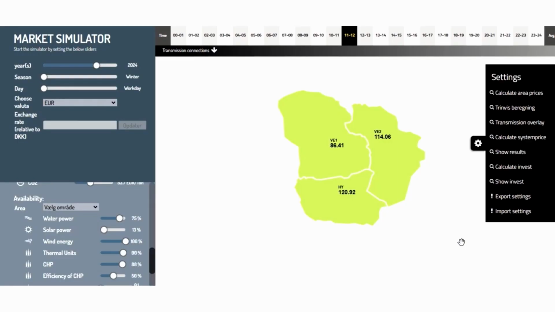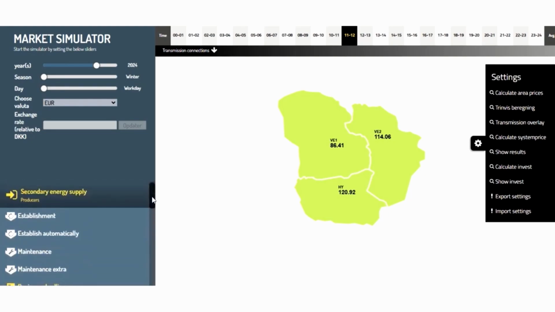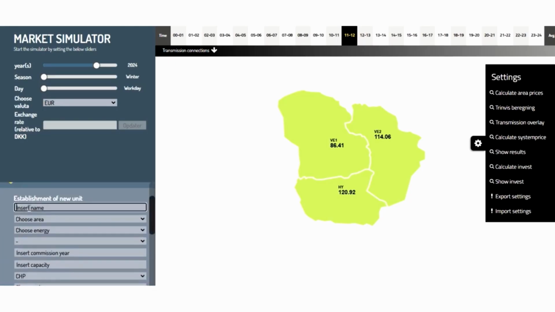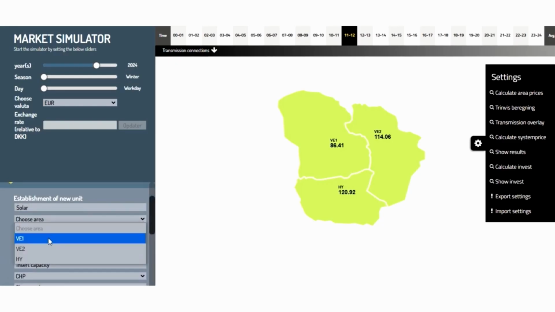Now I'm back in the Power Market Simulator, and what we should do here was to build a solar plant in VE1. So we go here, we are producers, we will establish a unit here, we call it solar. We choose the area here, it should be VE1.